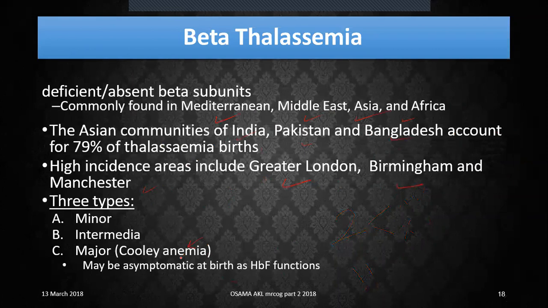And as we said, if there is no alpha subunit, there is no life. If there is no beta subunit, there is a problem, of course, but the body can compensate to a certain degree by production of other subunits, like gamma subunit, which is present normally in the fetus.